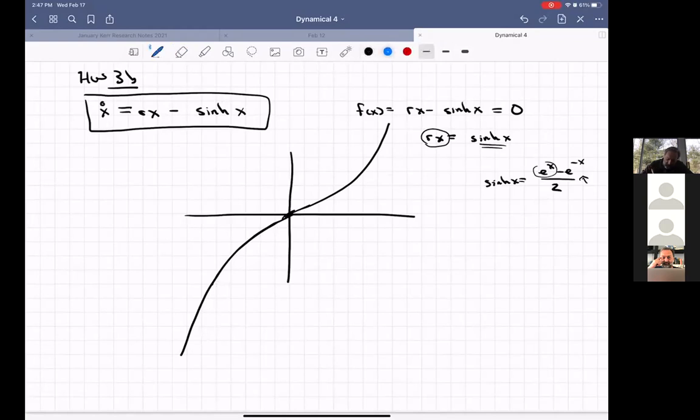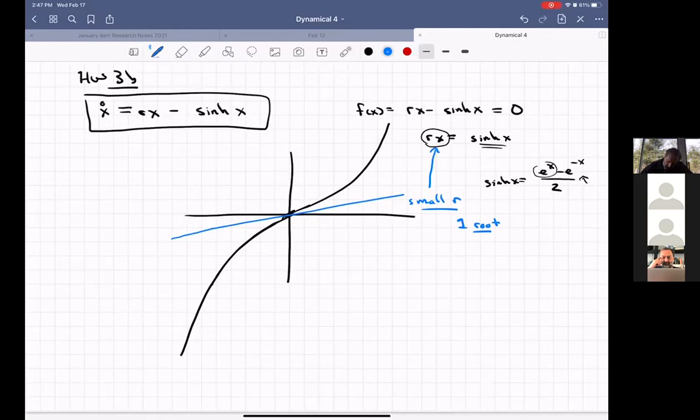Yeah. So now, if R is small, then when I plot this side, I'm going to get one root. That makes sense?